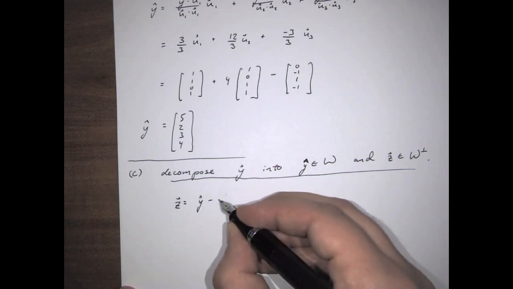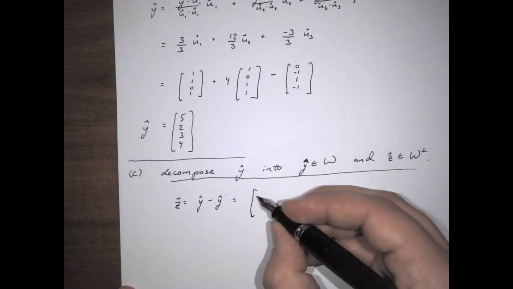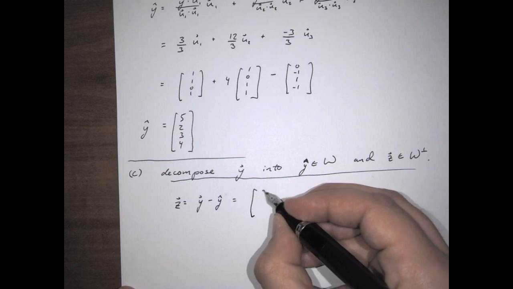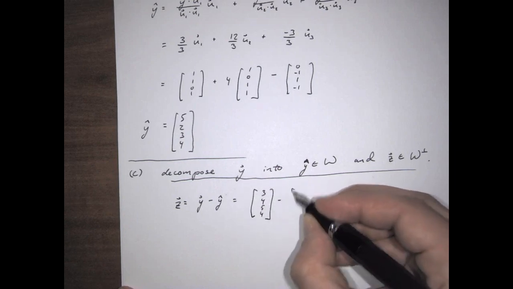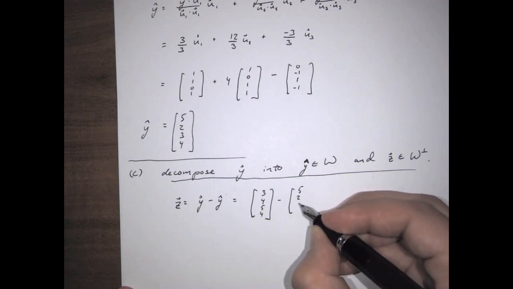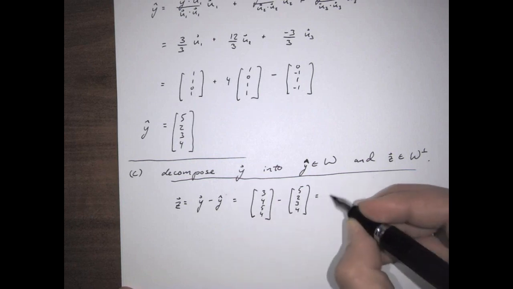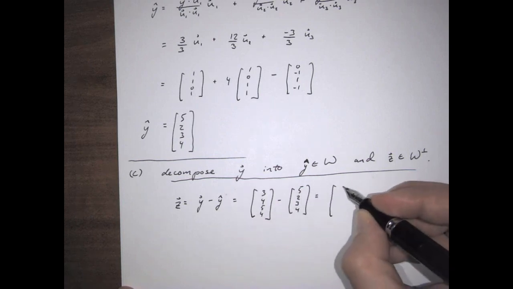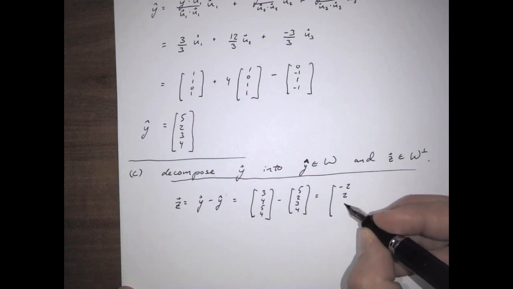y minus y hat, which is, so the original y was 3, 4, 5, 4, minus 5, 2, 3, 4. And so that's going to equal negative 2, and that's going to equal 2, and that's going to equal 2, and that's going to equal 0.